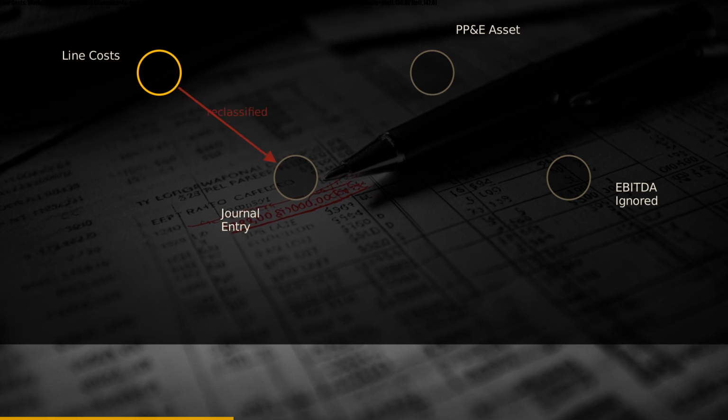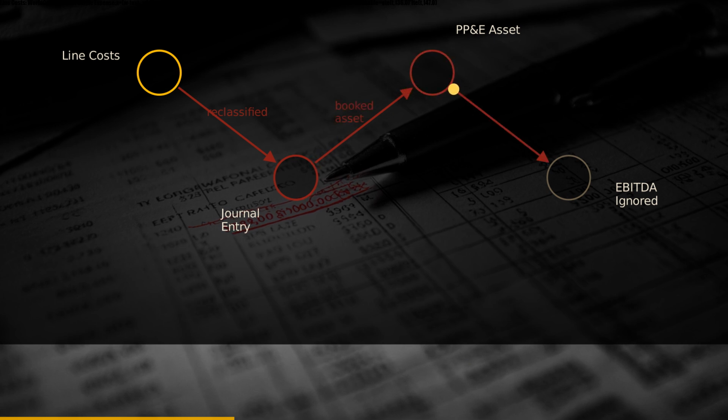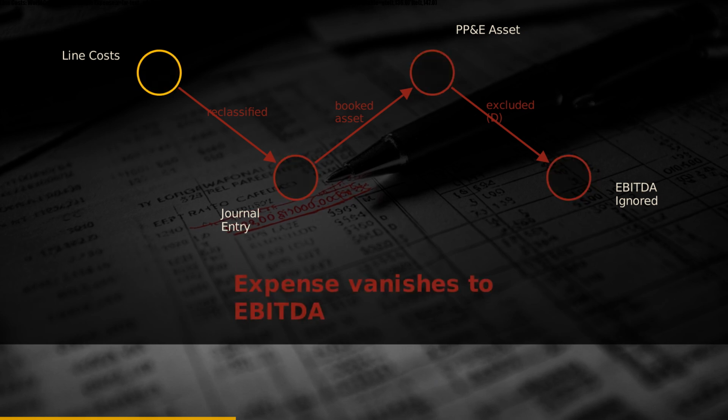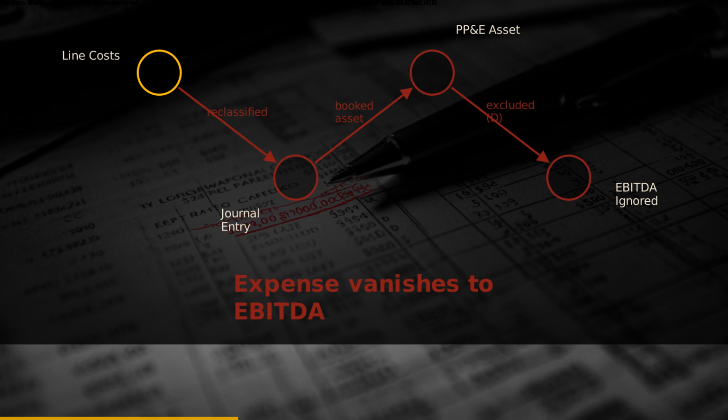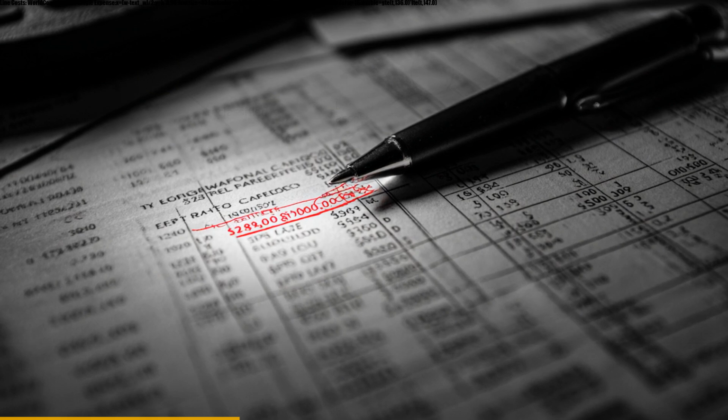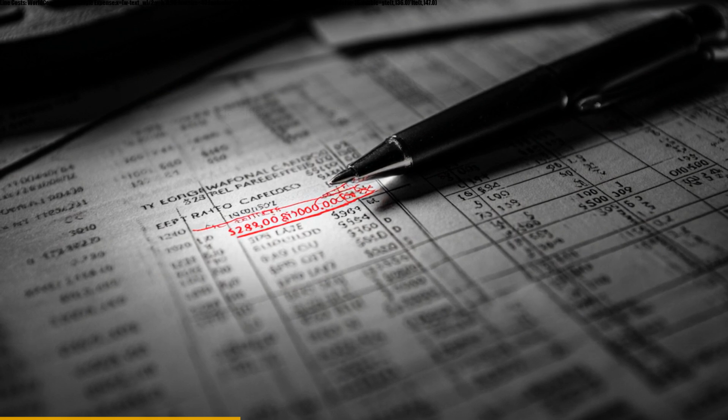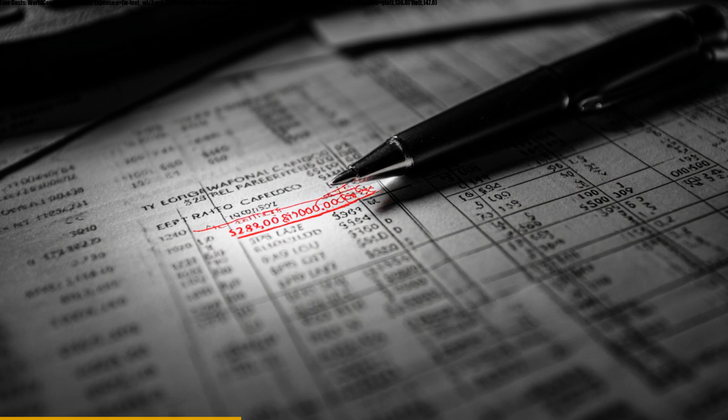Journal entries would be made after the operational close, transferring that amount from line cost expense to capital accounts. The entries were made at a high level in the general ledger, not at the level of individual invoices or transactions. There was no underlying analysis tying specific costs to specific assets.